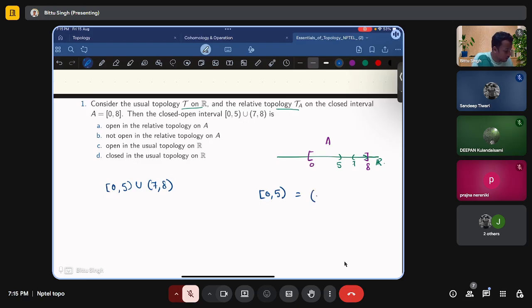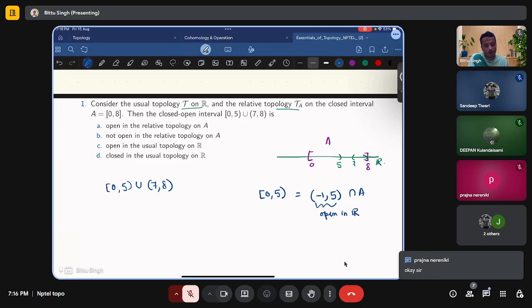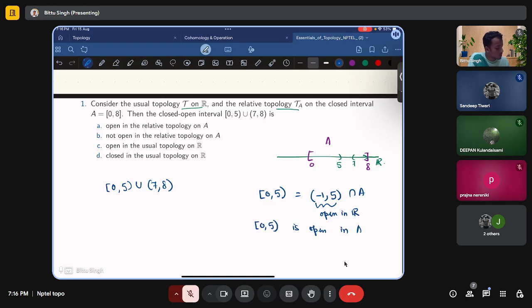Then we may take minus 1 comma 5 and intersect with A. This is actually open in R, some open set intersection with A. Exactly. So therefore, this is open in the subspace A.